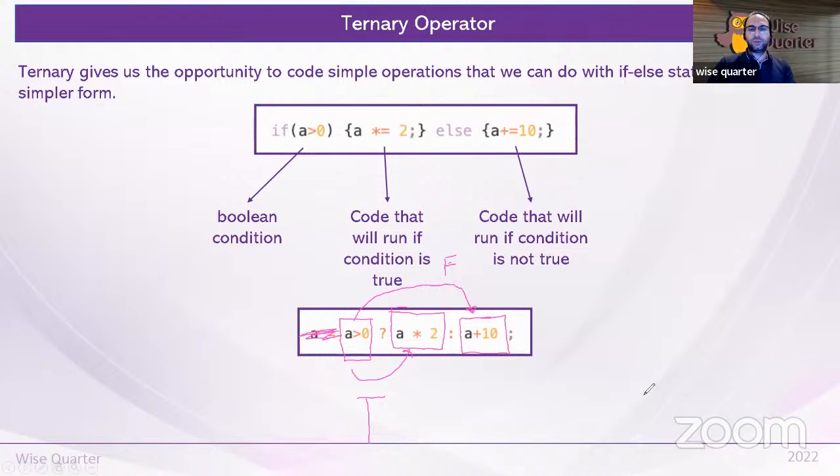When I enter 10, it will check. 10 is higher than 0. Okay, true. Because of that, it will multiply it by 2. It will be 20. If I enter -2, it will check if -2 is higher than 0. It is not, so it will be false. It will add 10 to it. It will be positive 8.